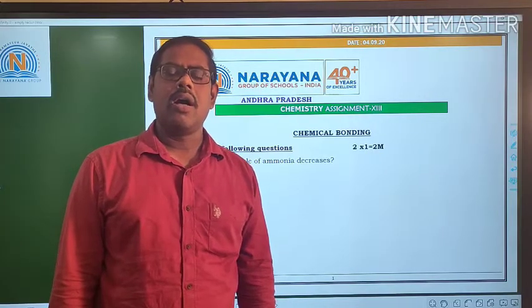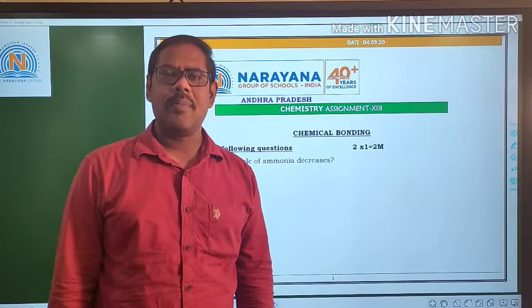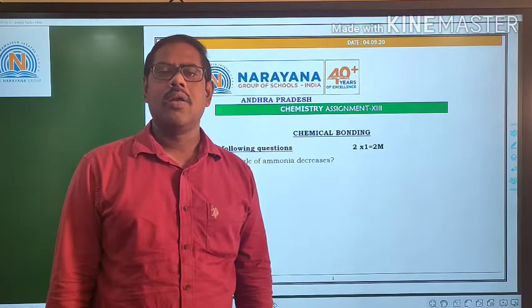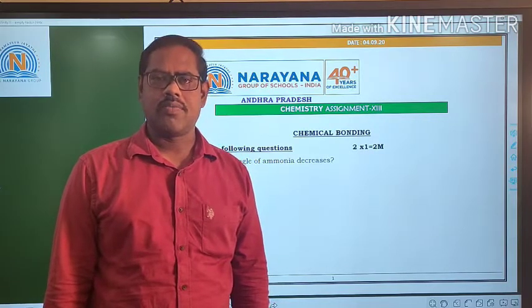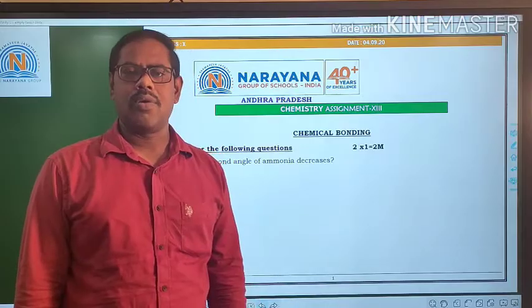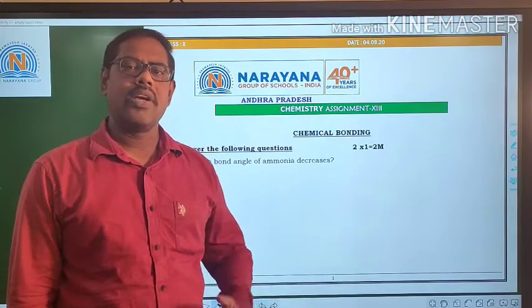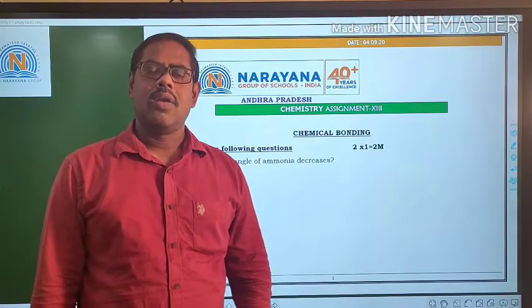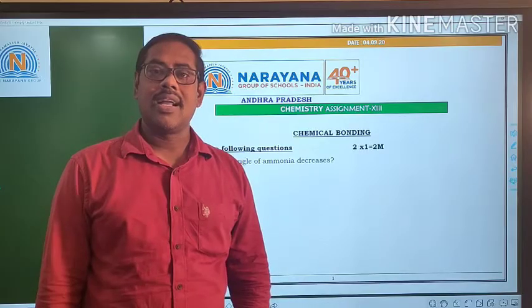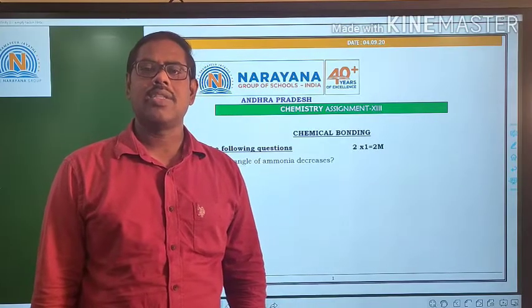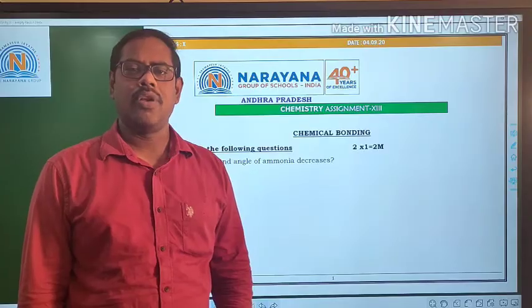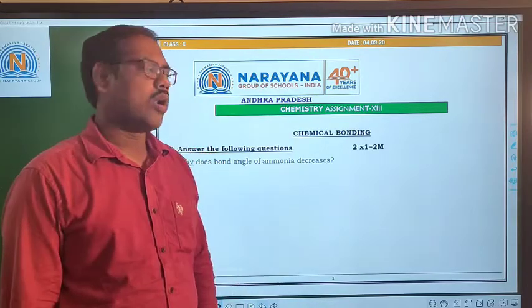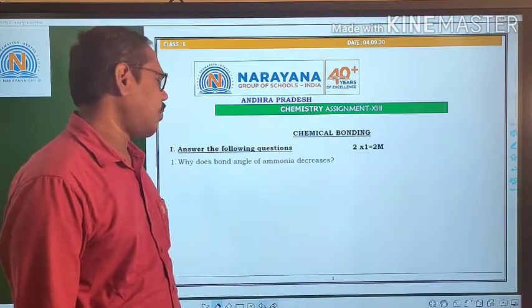In ammonia, one of the sp3 hybrid orbitals contains a lone pair of electrons. Around the central atom nitrogen, the lone pairs and bond pairs are there. Between the lone pairs and bond pairs, greater repulsions are there. That's why the bond angle of ammonia decreases to 107 degrees 48 minutes.